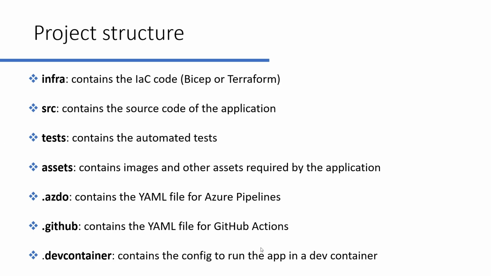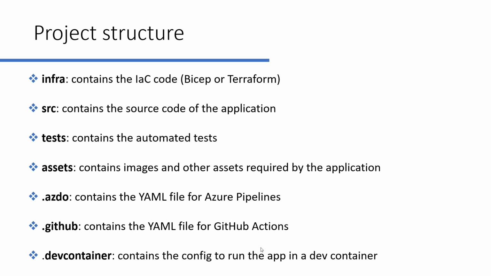Speaking about the project structure, as you see, there are many folders in that structure. So the infra folder, as the name suggests, contains the infrastructure as code for the application. This code is usually written either in Bicep or in Terraform. SRC stands for source. It's the source code.